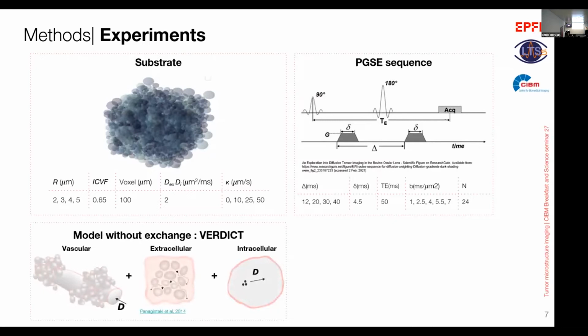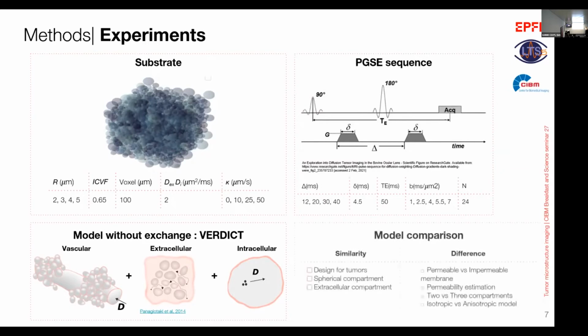And we will compare our model with Verdict, which is a model that was developed for tumors a few years ago, and that has some similarities and differences with our model. They are both designed for tumors and they both model the intracellular compartment with cells.